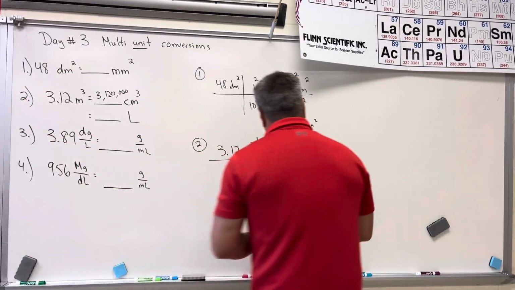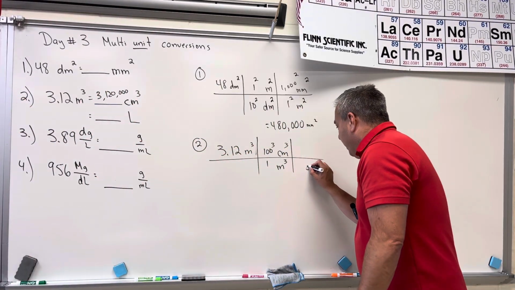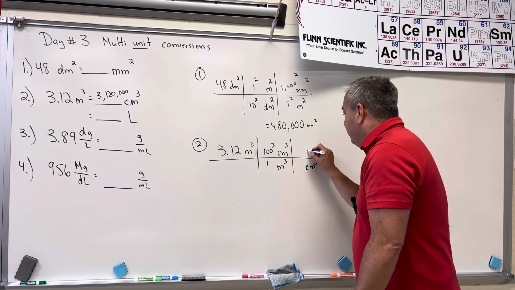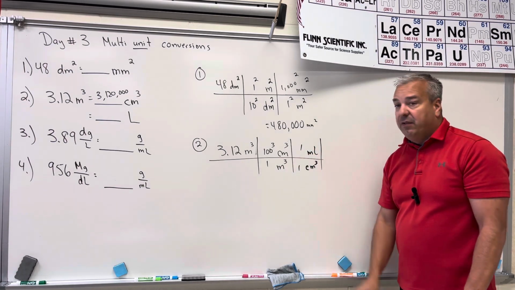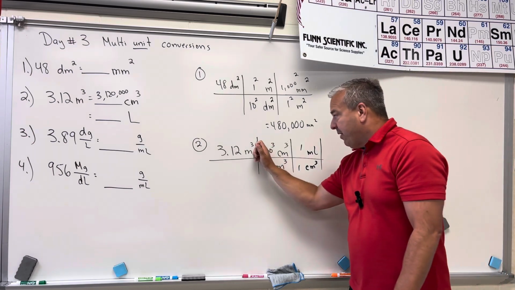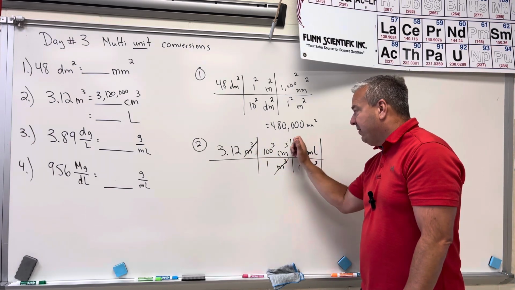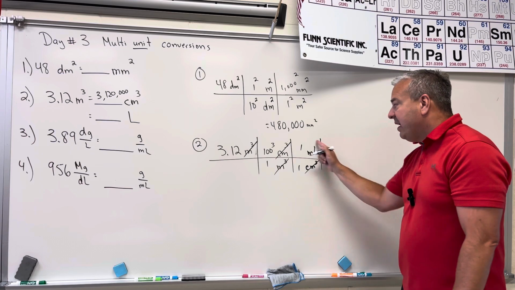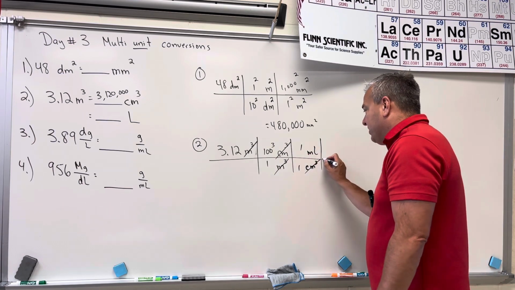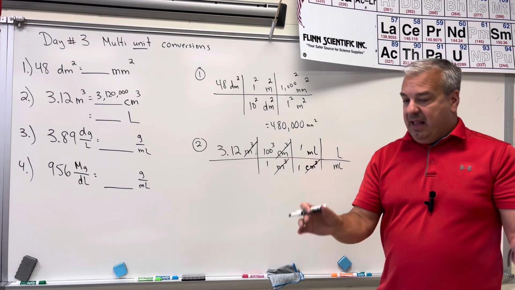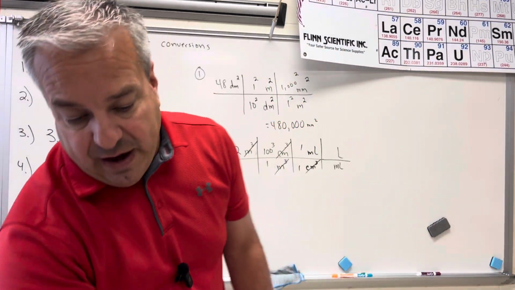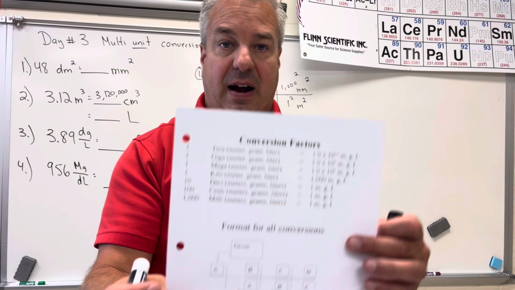So what we're going to do is go from centimeters cubed to just the milliliter in this train track, and that's a 1-to-1 conversion, okay? So right now, the meters cubed cancel out, the centimeters cubed cancel out, and I'm left with milliliters, and we just got to go one more step from milliliters to liters, and that's going to be your normal conversion factors that we've memorized, okay?